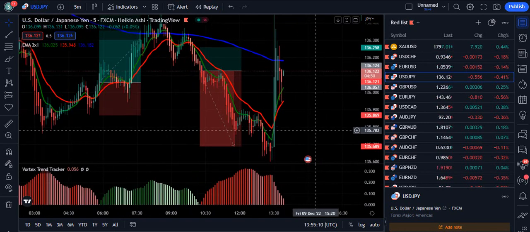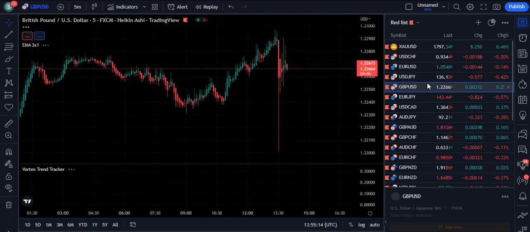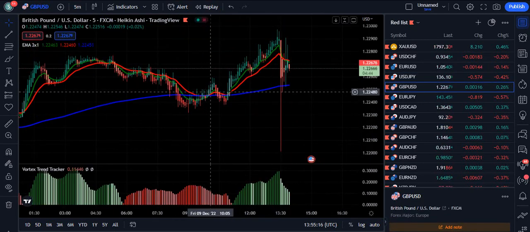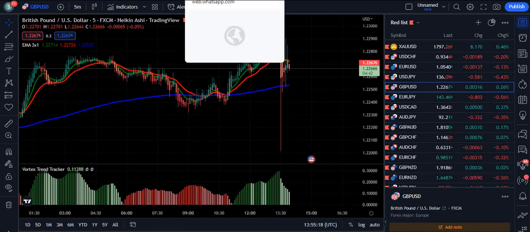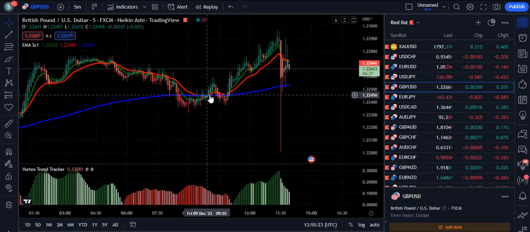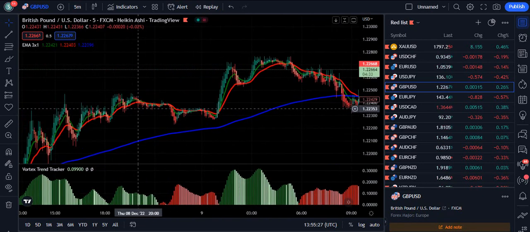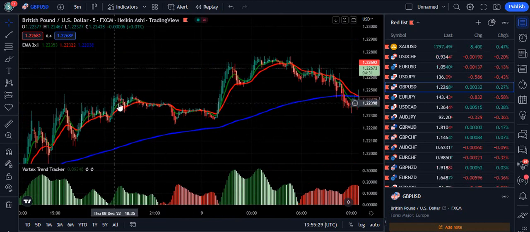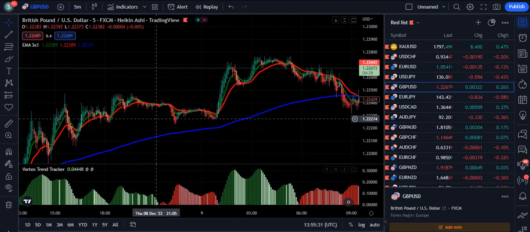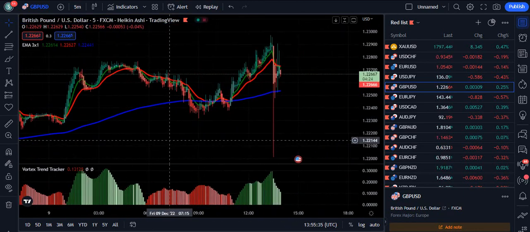I'm giving you a very practical example of when the moving averages are very close to each other, so what to do in that scenario. For example, here you can see they are very close to each other. You need to wait here for a proper crossover, because when they are close to each other, for example, look at this pattern, here you will not even work on the histogram. When they are too close to each other, you will not trade. So find the trending markets on any pair.